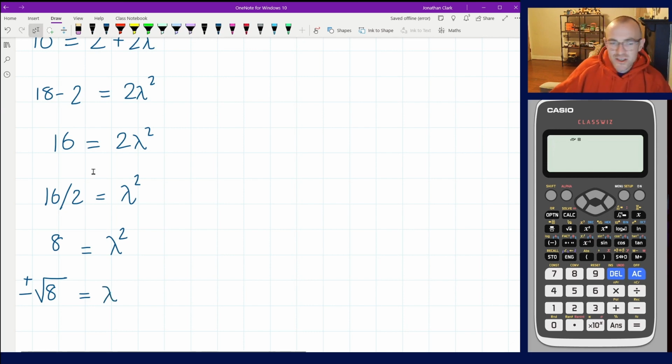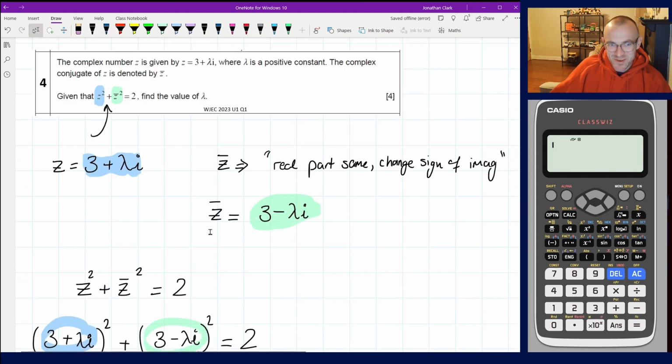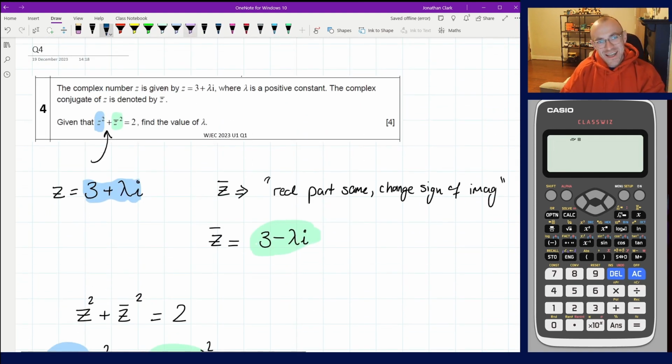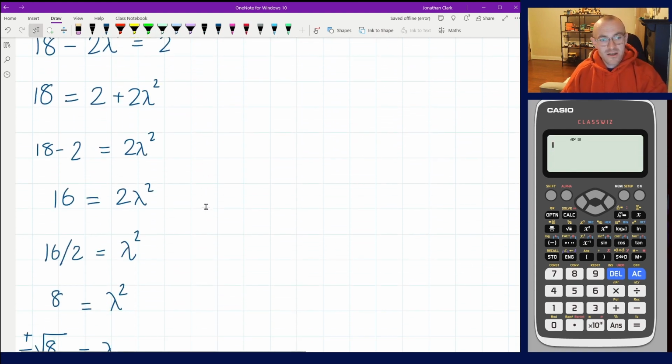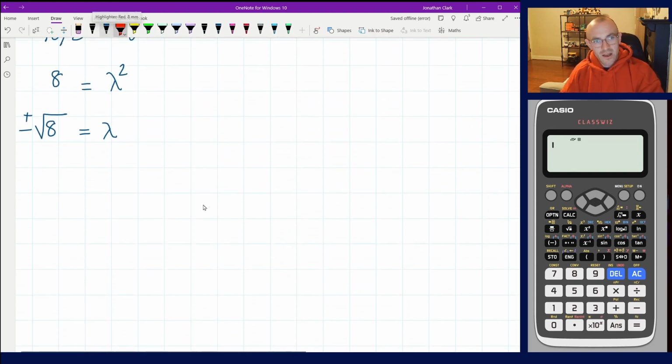But I need to pay attention and read the question again just to make sure that I'm on the right lines, because I skipped through this bit. It tells us in the question that lambda is a positive constant. And if it's a positive constant, then it can't be negative. Therefore, we choose the positive value, and we've got lambda as root 8. Ooh, good question, that.